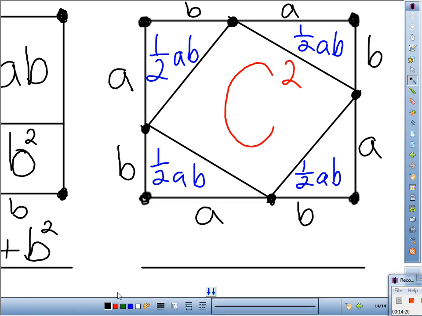Who's got it? Julian. 2AB plus C squared. Hands if you got that. That is correct. 1/2 plus 1/2 is 1AB plus 1AB is 2AB plus the center is C squared.